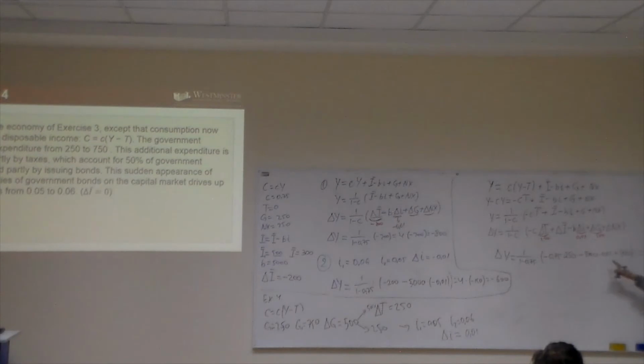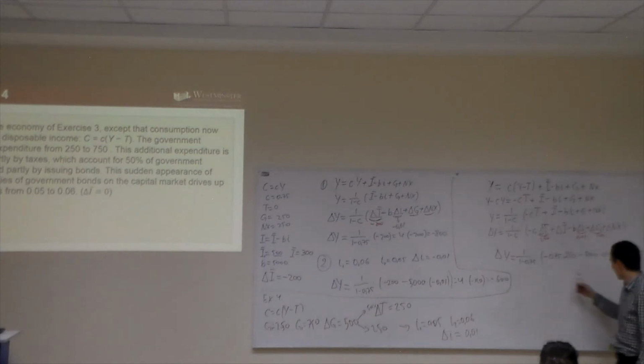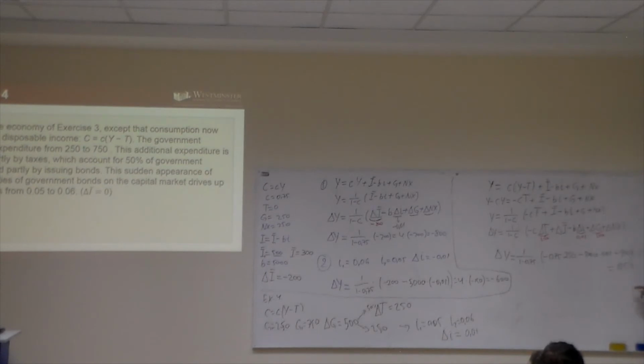If you calculate it, it is equal to 1,050. So by that expansionary policy, the government can easily compensate this loss, this 600, with an additional 450 growth in output, okay?